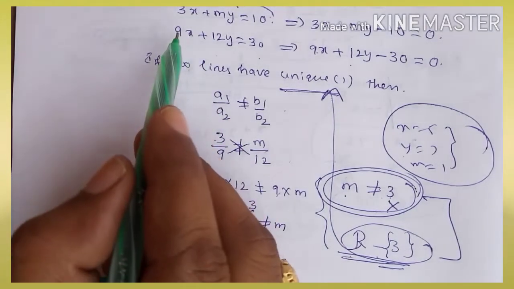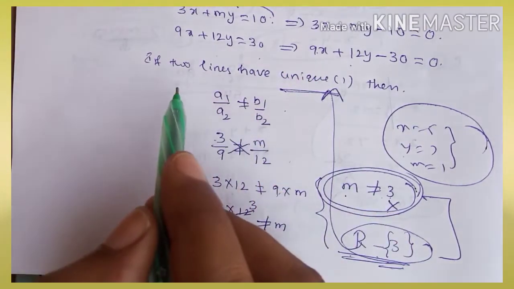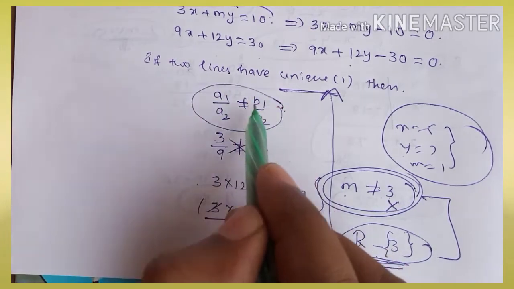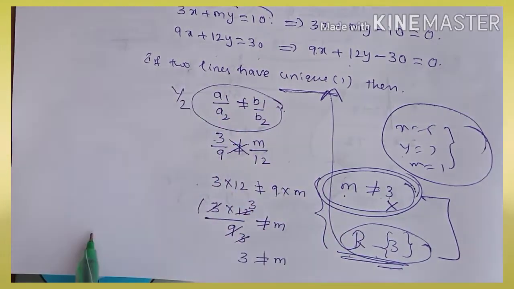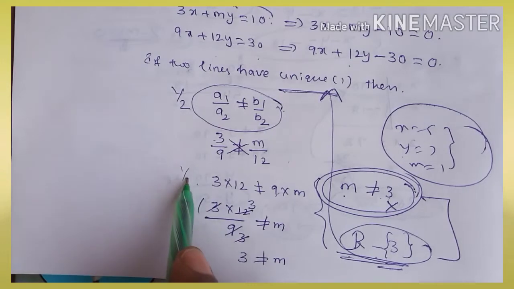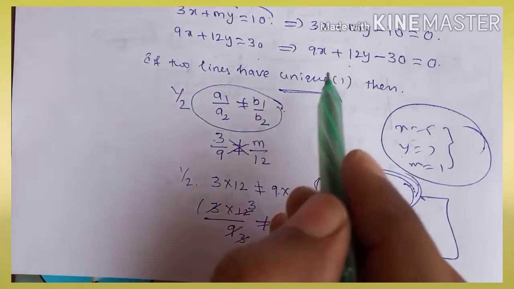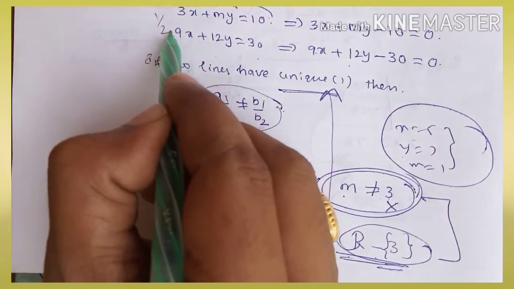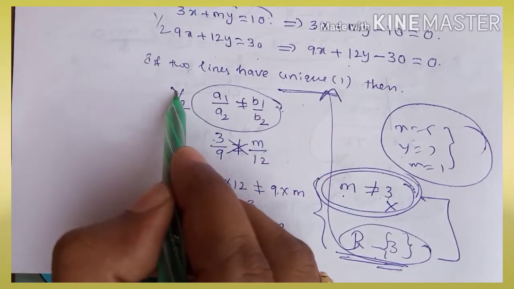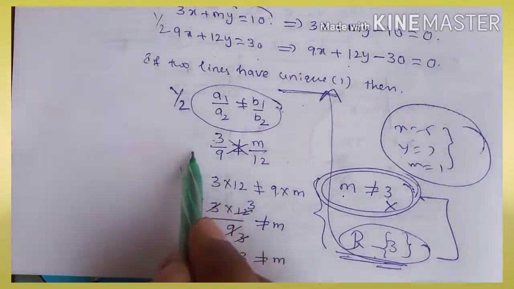Suppose this question is given as a 1 mark question, then definitely we have to write the condition. It gives you half a mark, and for the complete simplification you will get half a mark. Otherwise, if it is given 2 marks, they will give half a mark for writing the condition and 1 mark for the simplification.